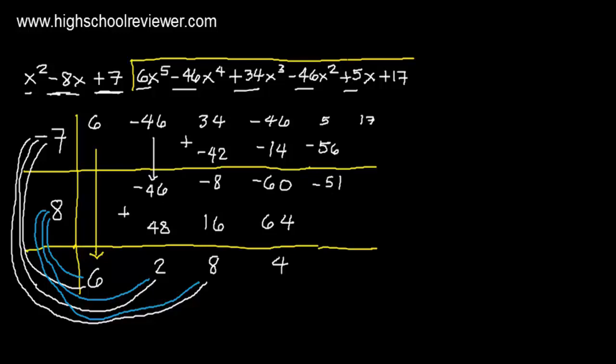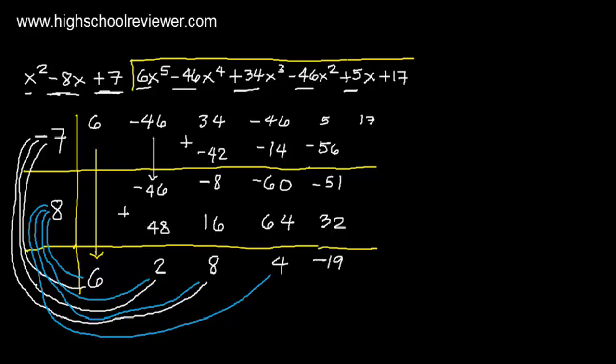And multiply positive 8 again. This time we will multiply positive 8 to positive 4. 8 times 4, that is equal to 32. Put 32 here. And then perform addition. Negative 51 plus positive 32, that will be negative 19.